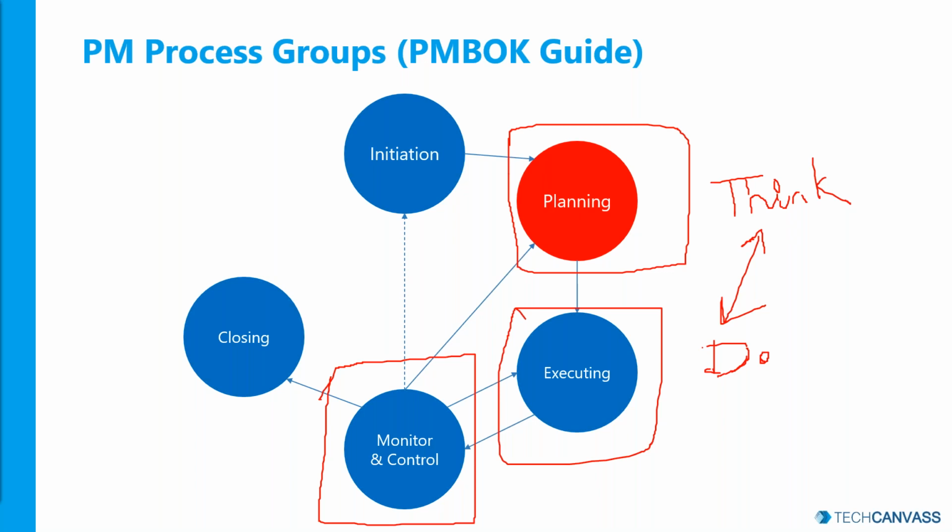That is primarily why monitor and control is used. And finally, we close the project once the goals of the project are achieved. So this is the intention of the 5 process groups that PMI provides in the PMBOK guide. Our focus area would be the red colored planning process group.